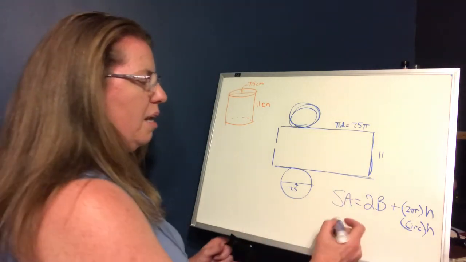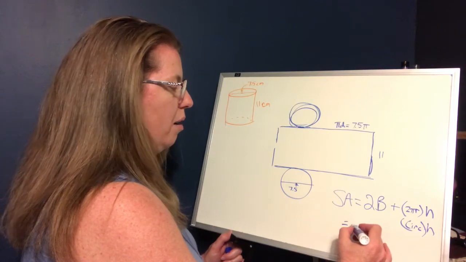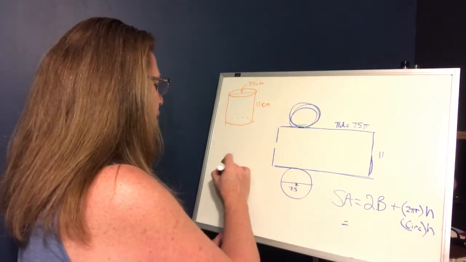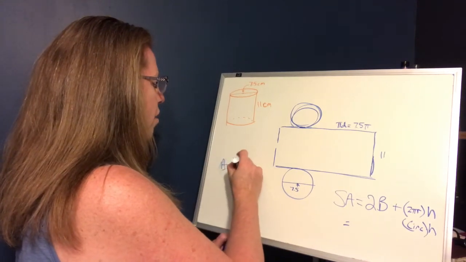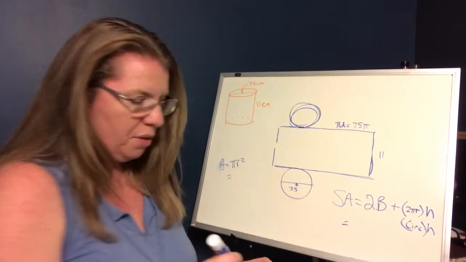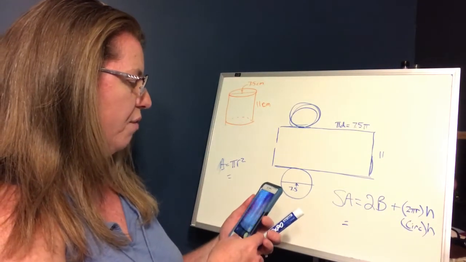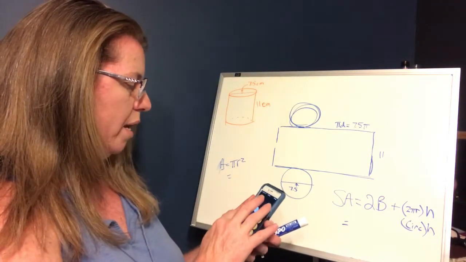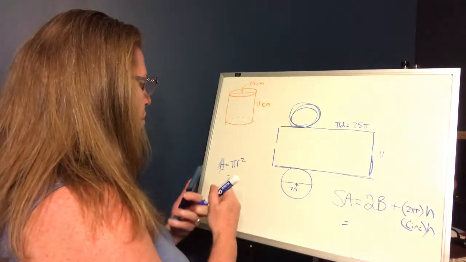So in this case we have 2 times the area of the base. We need to do pi r squared. Let's find it over here, the area of my circle, pi r squared. We have to cut my 7.5 centimeters in half and square it. So 7.5 divided by 2, we get 3.75.